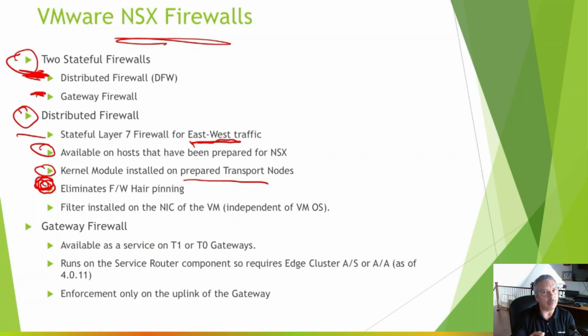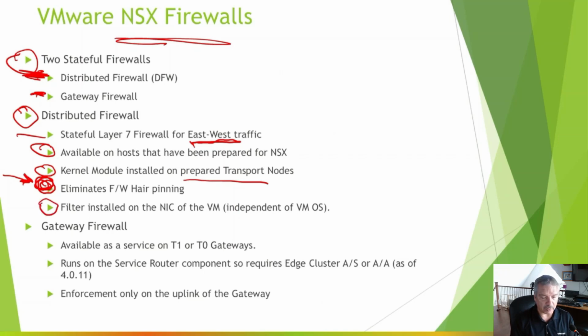So I just generated a whole bunch of traffic in my real environment, right? Because the distributed firewall is a module installed on the host, and it's actually a filter installed on the NIC of your VMs, it gets dropped at that source. So if VM1 can't talk to VM2, it gets dropped right at source, and I'll show you that.